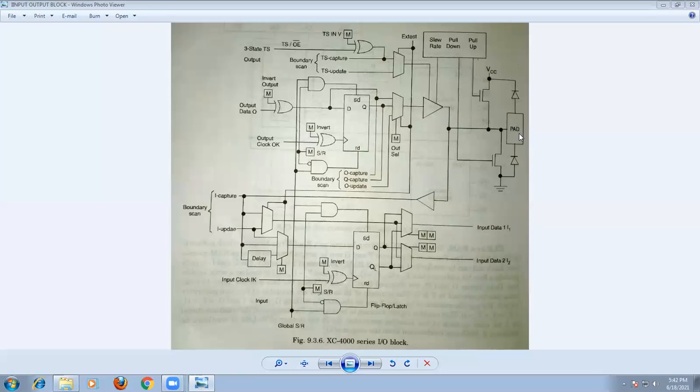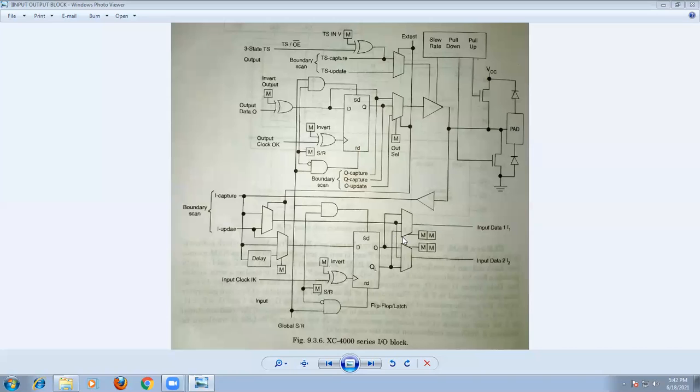Just remember, the input and output values can also be stored in the IOB. That means whatever input and output values there are, they are stored in the flip-flops.